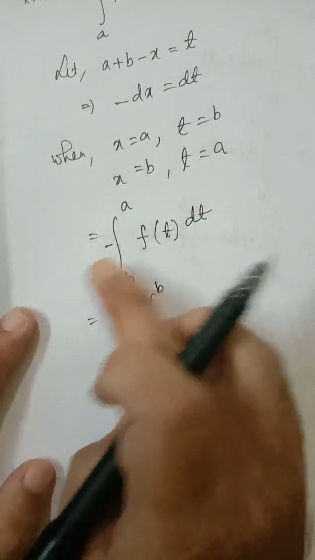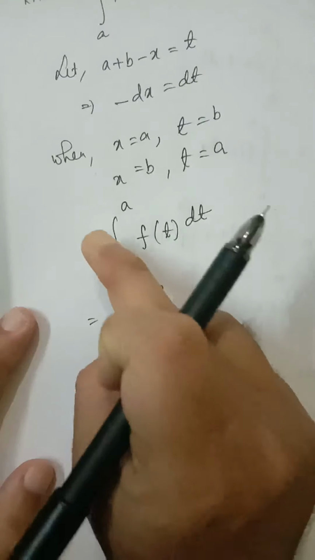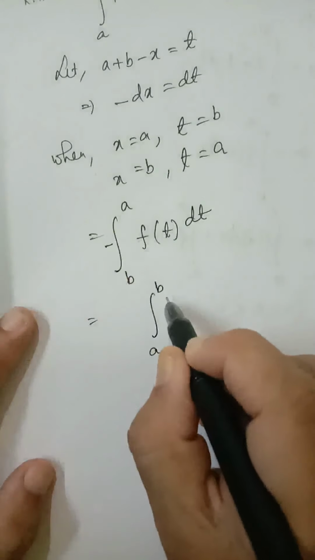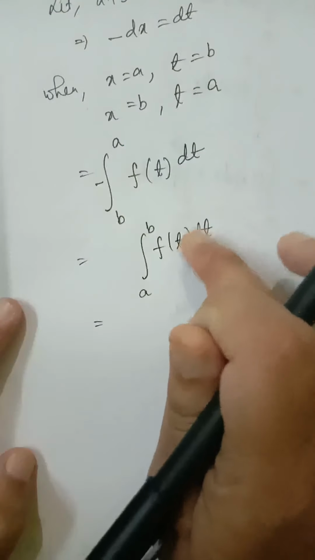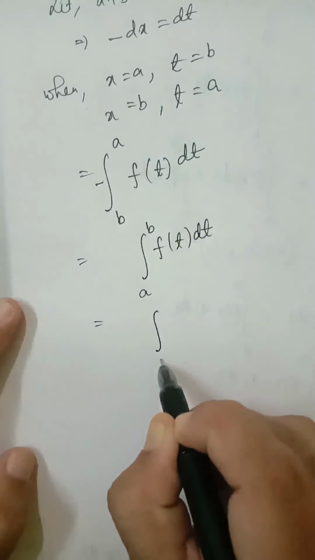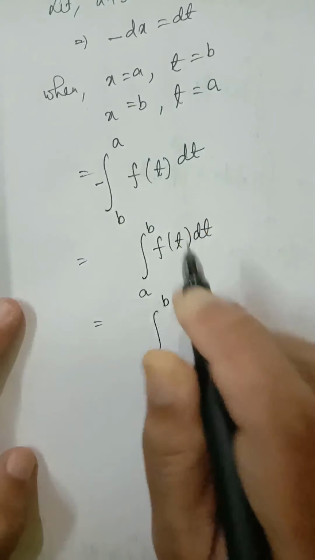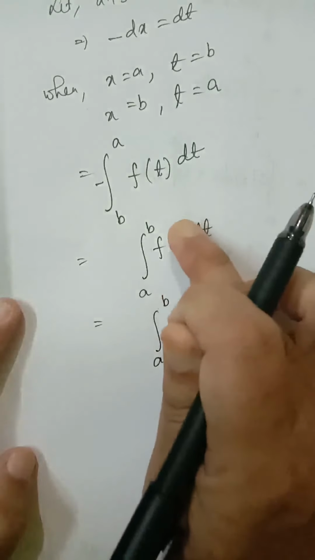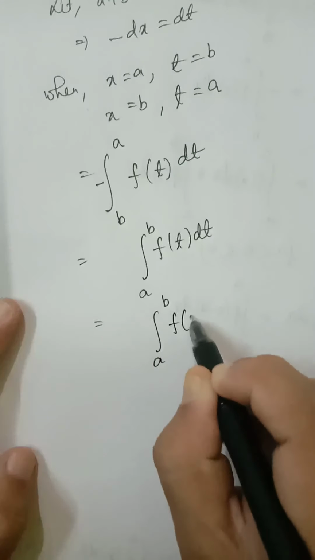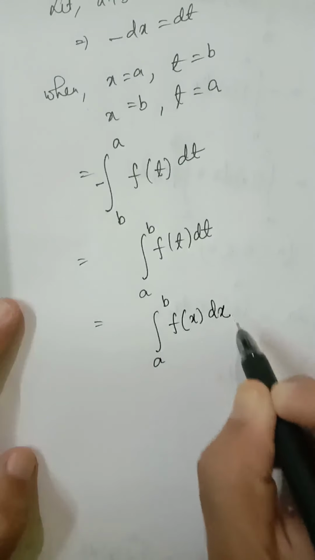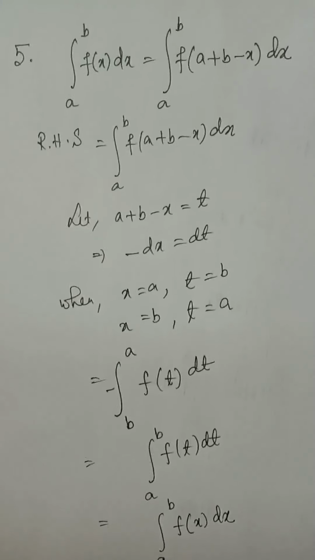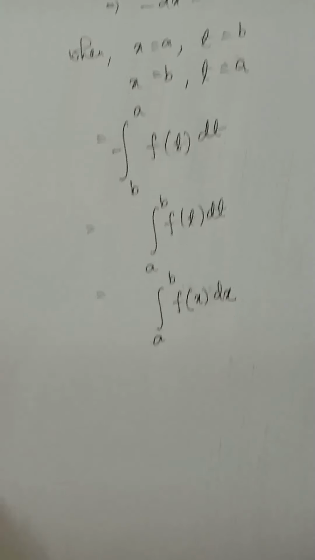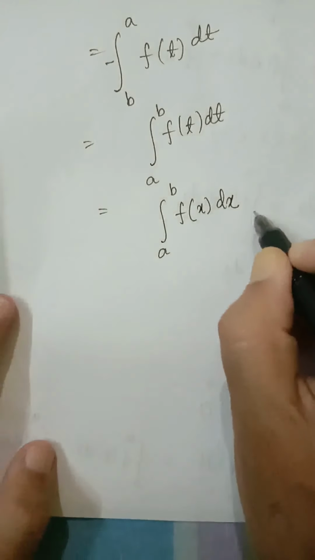One minus will come out as we have interchanged the limit, and this minus will make this plus, f(t) dt. Here I have used property number 2. Next, using property number 1, keeping the form and limits unchanged, if we change the variable only, the value will be the same. So a to b f(x) dx. This is the proof of this particular theorem. This is also a very, very important and useful theorem.